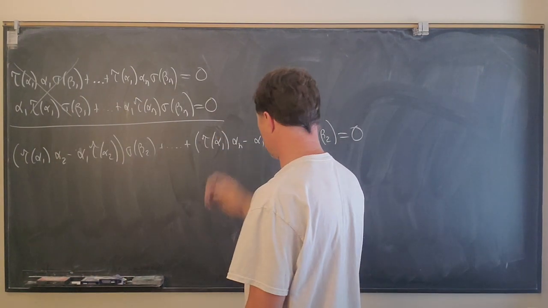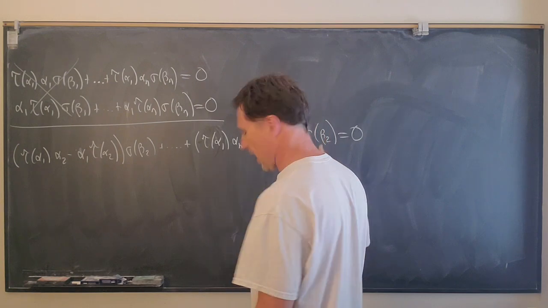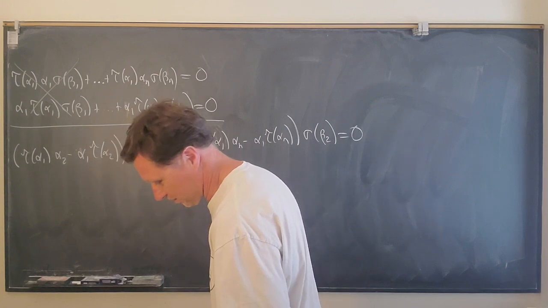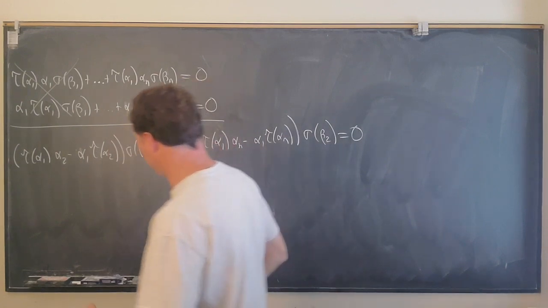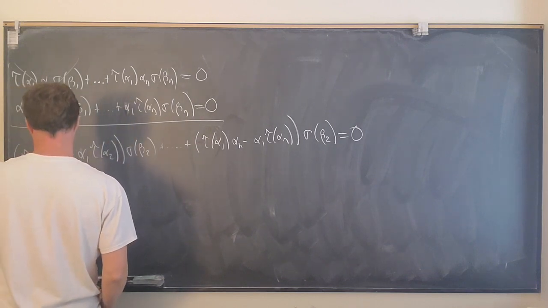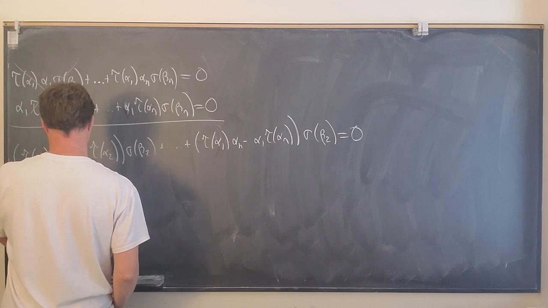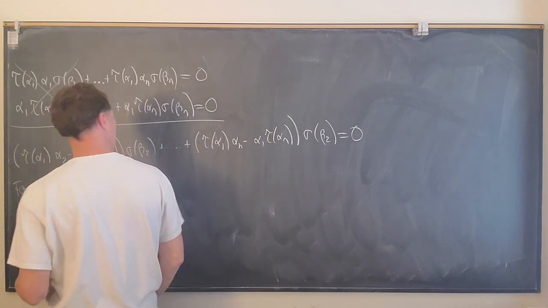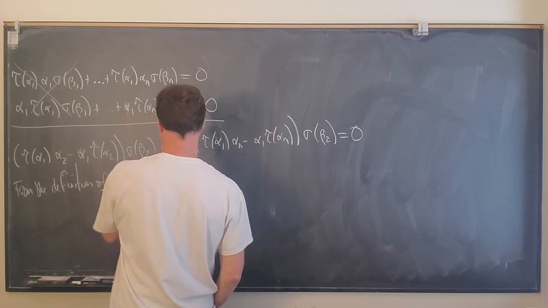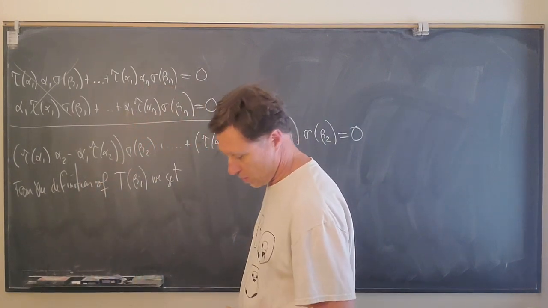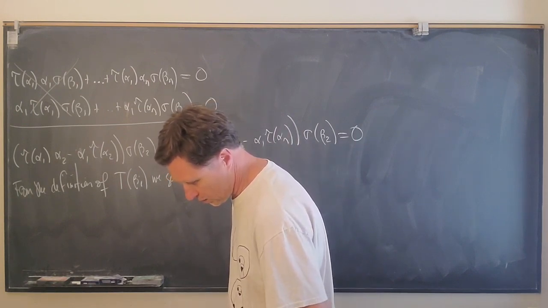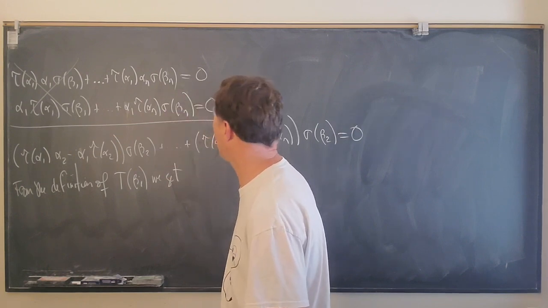Okay, so next, I have to be careful here. Now I want to look at the definition of T on each of the beta i's. There's a little arithmetic here.